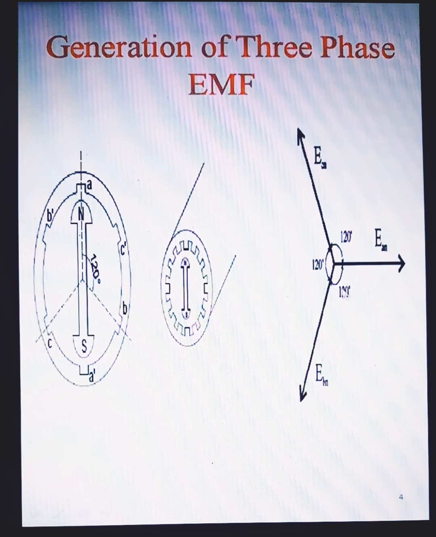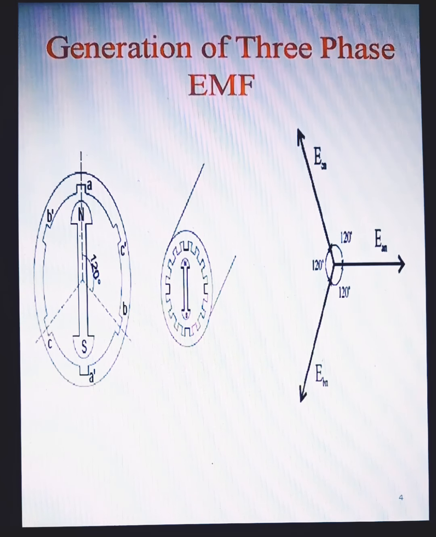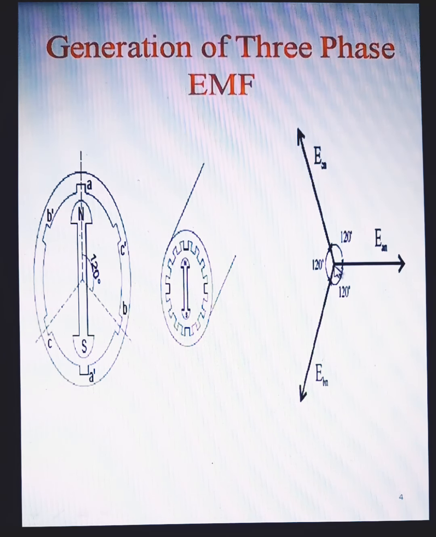You have to draw the vector diagram for the induced EMF. While drawing the vector diagram, you have to take the phase A EMF as the reference, and that is to be drawn along the x-axis. Phase B voltage lags behind the phase A voltage by an angle of 120 degree.